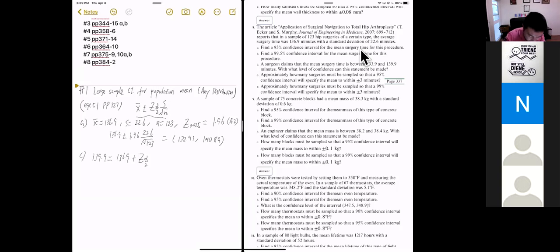The s doesn't change, 22.6 over square root of 123. Based on this, we get z half alpha, which is 1.47.